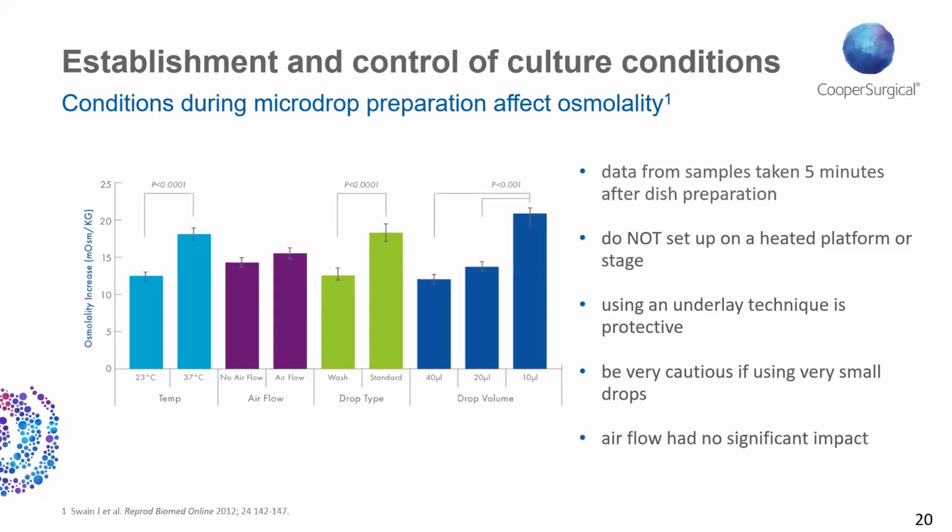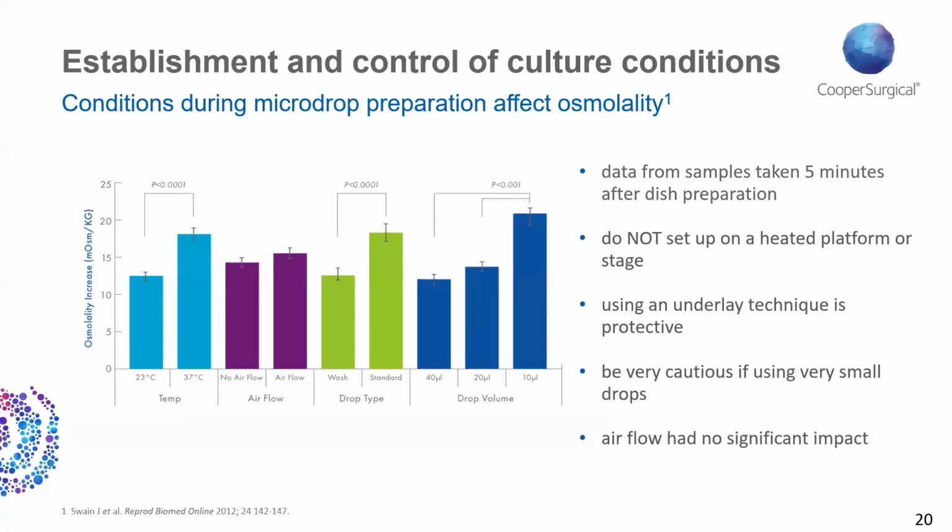How you apply the drops and the oil can also have an impact. So these are two different ways of introducing the medium into the dish. On the right is the standard method. So we put drops in the dish, we cover them with oil, and then we equilibrate them.